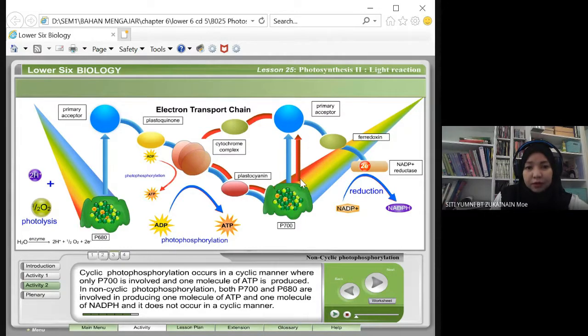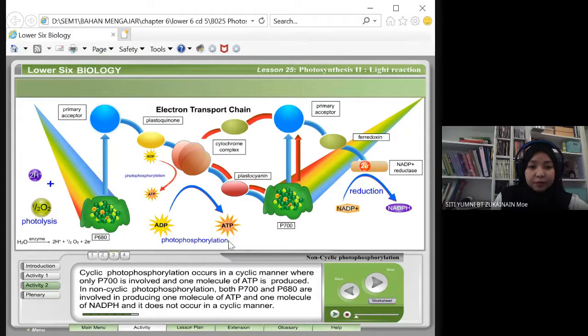Electrons are excited, accepted by the primary acceptor, travel down to the cytochrome complex via ferredoxin and via plastocyanin, and return back to photosystem 1 at the cytochrome complex. Cyclic photophosphorylation releases another ATP.